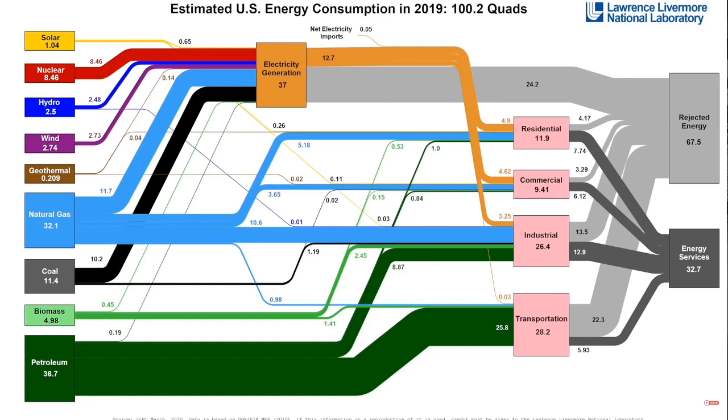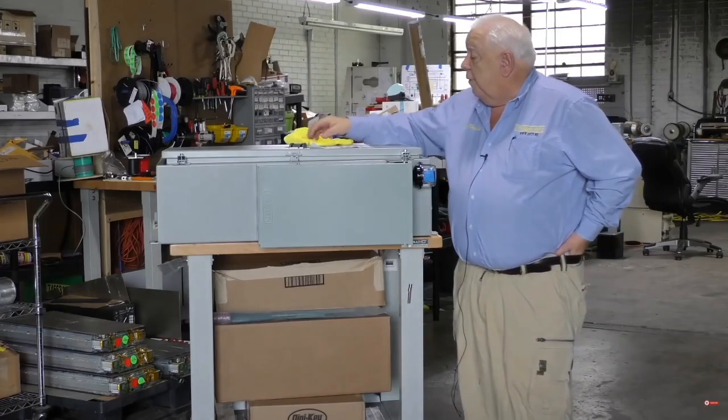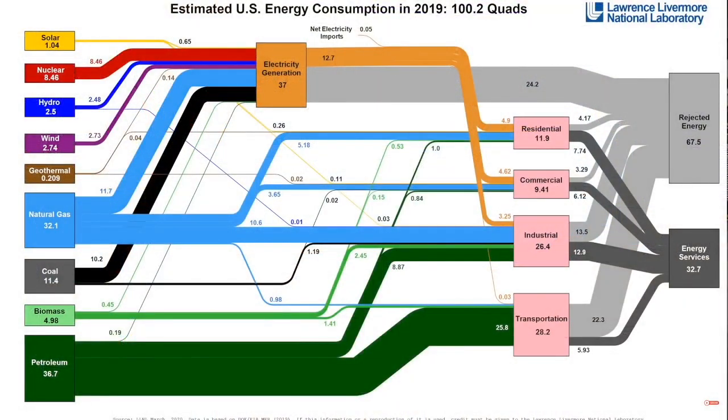When they say rejected energy, they're talking about wasted energy that is given off in all the processes to produce and use this energy as heat.